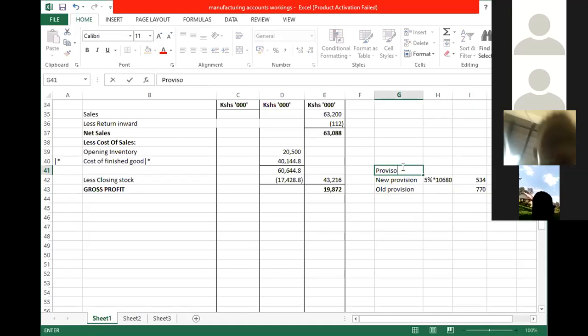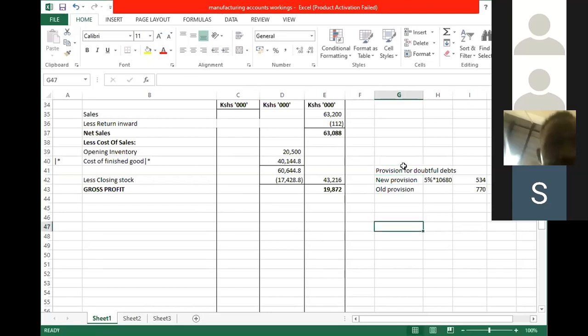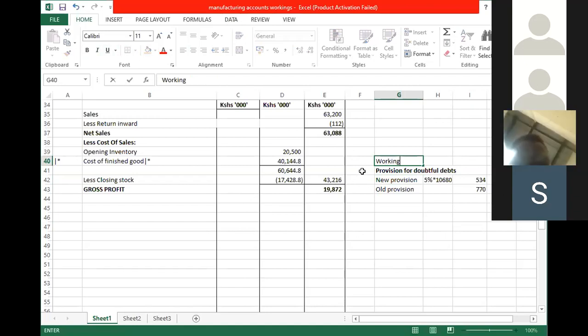Remember the workings that I was telling you? Provisions for doubtful debts. These are workings, and this can be working number 1, right?